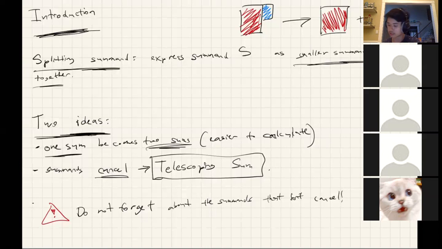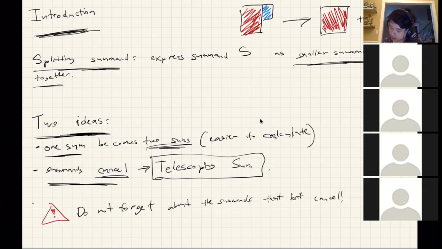And this will make sense later. The other idea is for the summands to cancel out. And this is what is called a telescoping sum. And usually you're going to be left with 2 or 3 terms left over at the end. And then you'll just have to compute those few terms by hand.